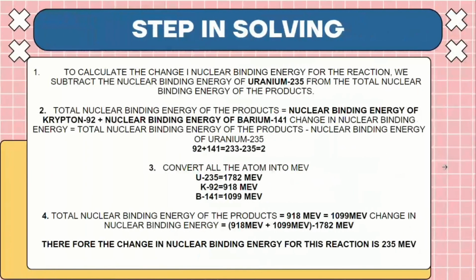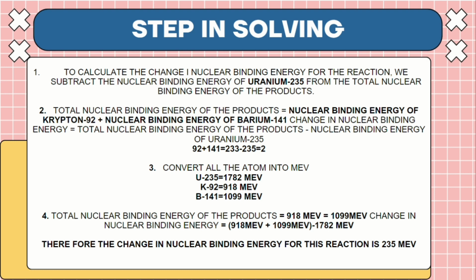Steps in solving. Step 1: To calculate the change in nuclear binding energy for the reaction, we subtract the nuclear binding energy of uranium-235 from the total nuclear binding energy of the products.